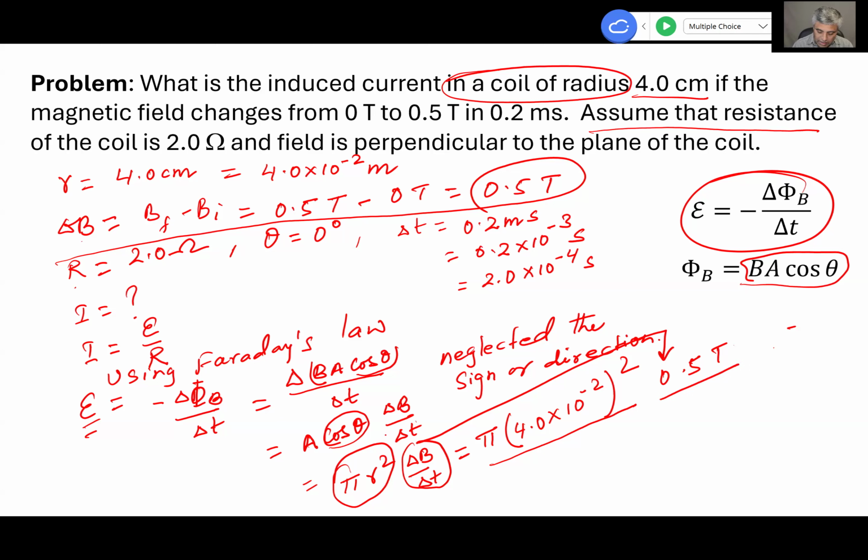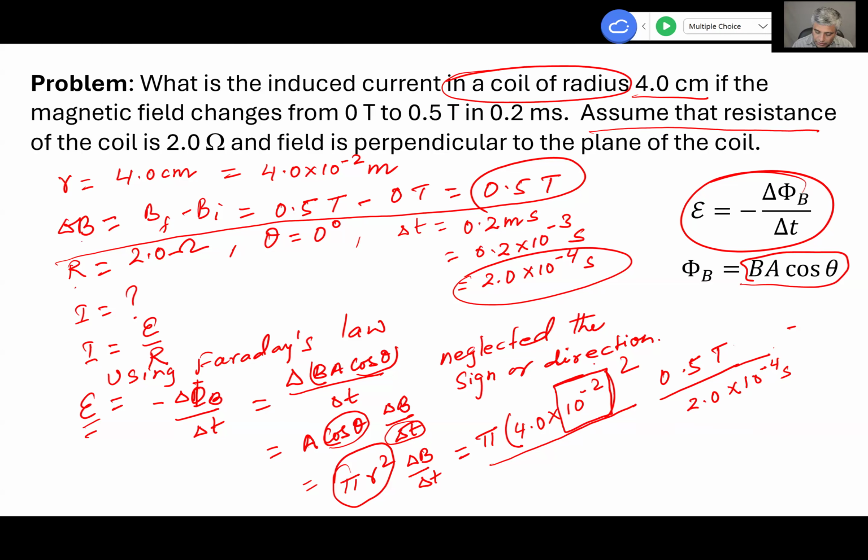And then down here, that is this many seconds. So 2.0 times 10 to the power negative 4 seconds here. So we see here, when we square 10 to the power negative 2, it becomes 10 to the power negative 4.